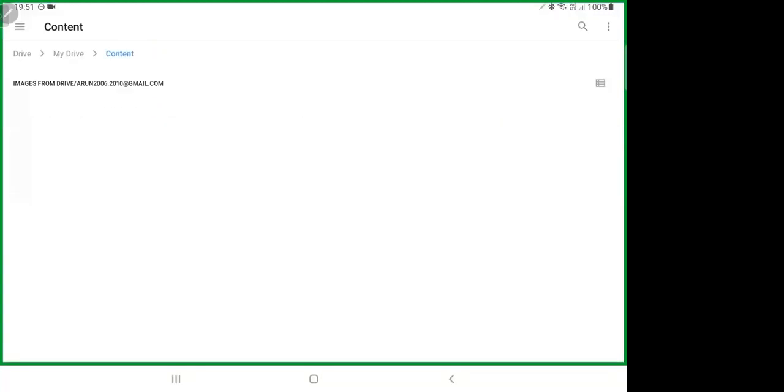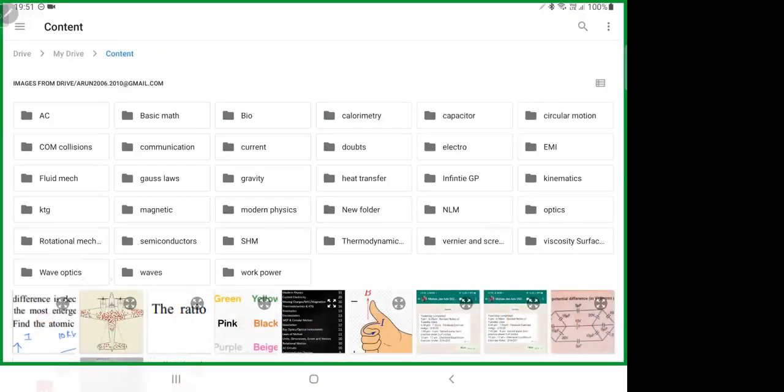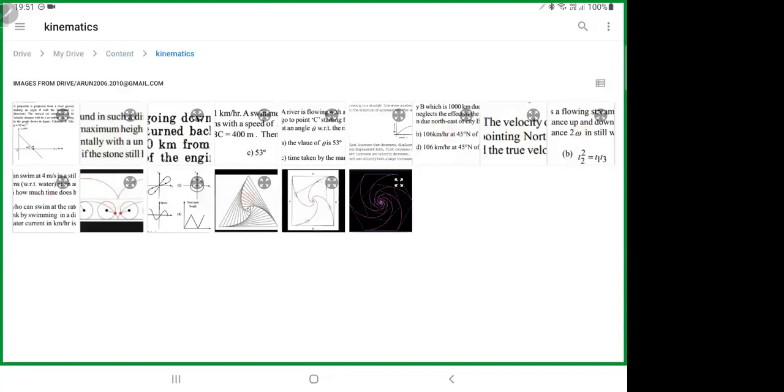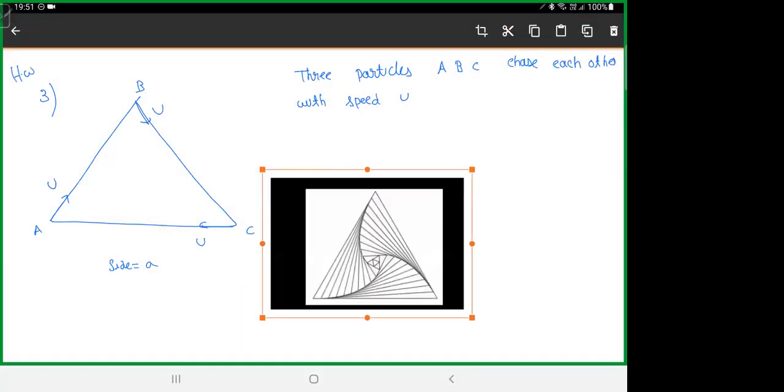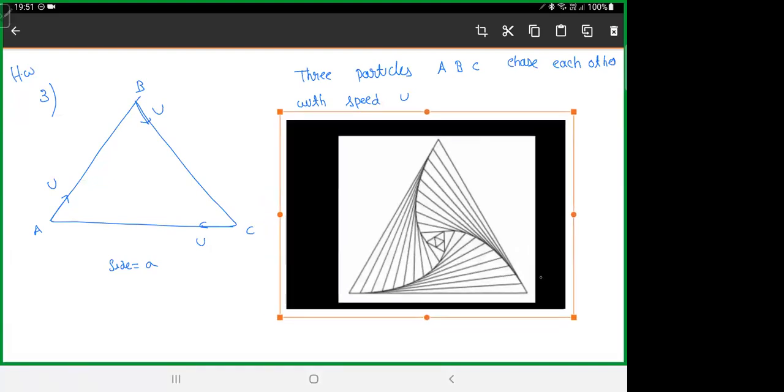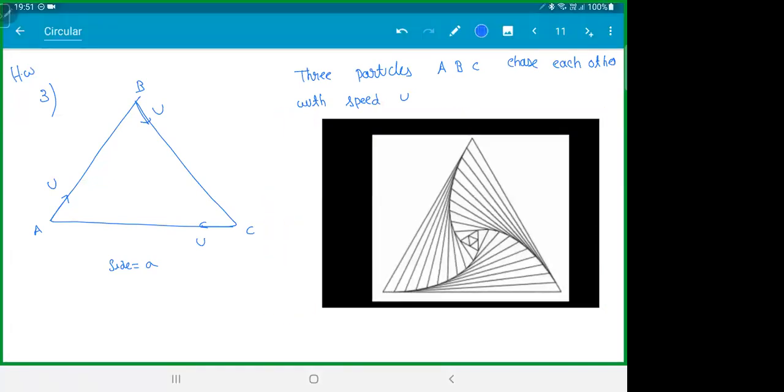And I'm sure you remember how the diagram looks. This is how they rotate. So here O is the centroid.